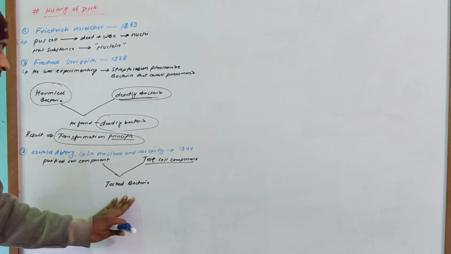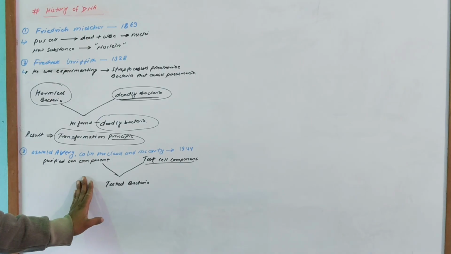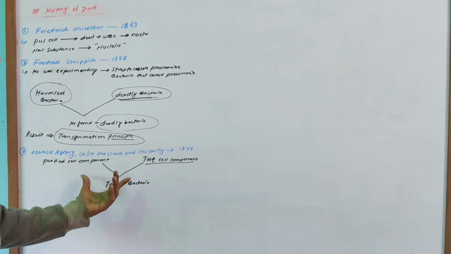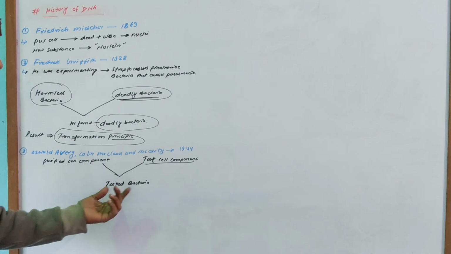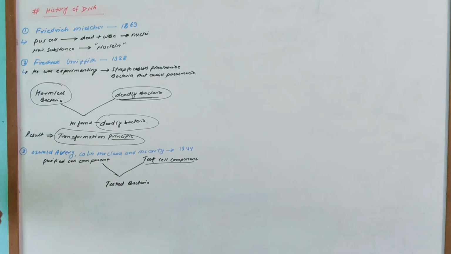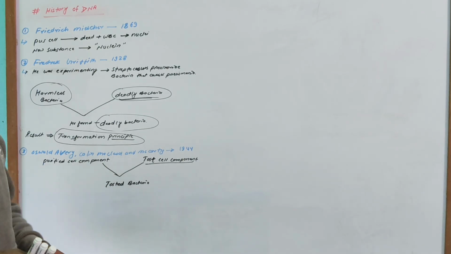So he concluded that something happened in between the transformed cell components and the purified cell component. The only thing in the nucleus, only one component in the nucleus, has the ability to transfer the genetic information from a transformed component to a purified component.